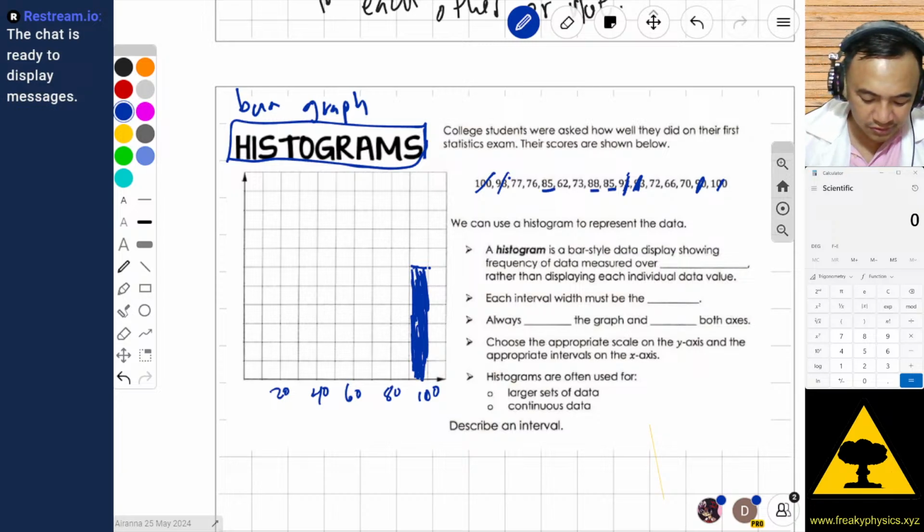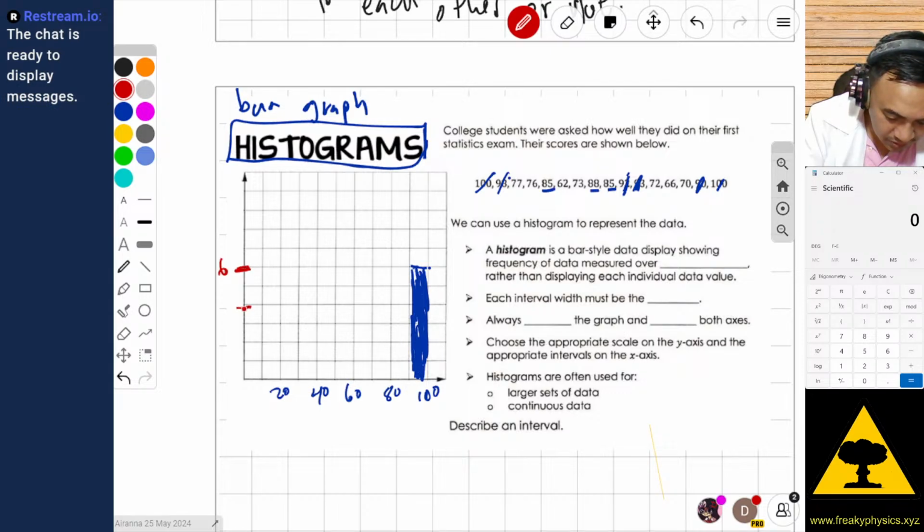That's 3. So where would we put that? You can use a different color for now. By the way, I put 6 here because this is 6. So this is 4 and this is 2. Okay, all right?